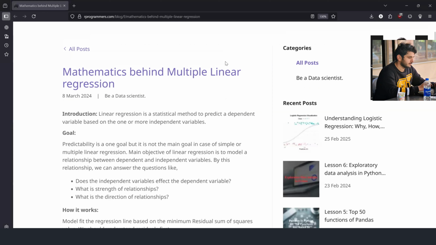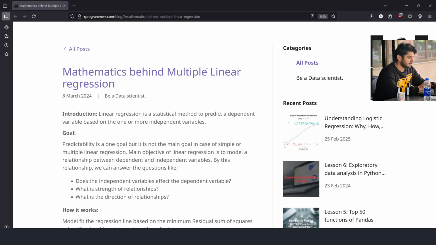So in the linear regression model, first of all, we need to understand that we basically want to understand the relationship between two or more variables in our data set. Whenever we have a data set, we can identify the relationship between them. There are two things: independent variables and dependent variables.